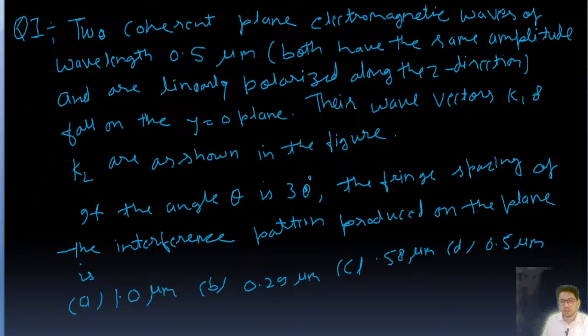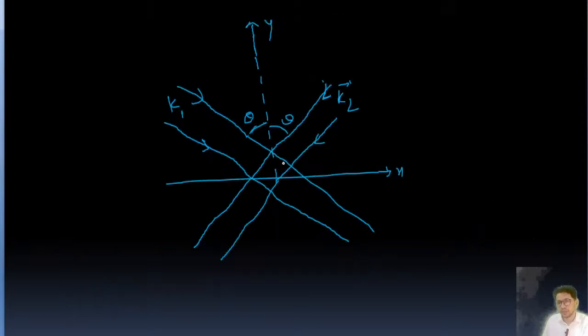So first we'll find out the wave equation. These are the wave vectors, right? The wave vectors are k1 for this, k2 for this.